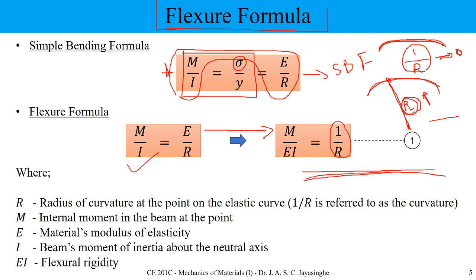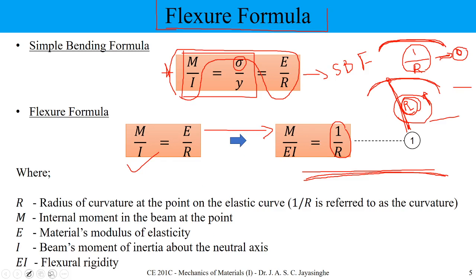If you need to see this kind of thing, you need to do measurements, or use at least a theodolite or something to check the deformation of real beams. Because of that, r is so huge compared to your beam length, and that means 1 over r is almost near 0.